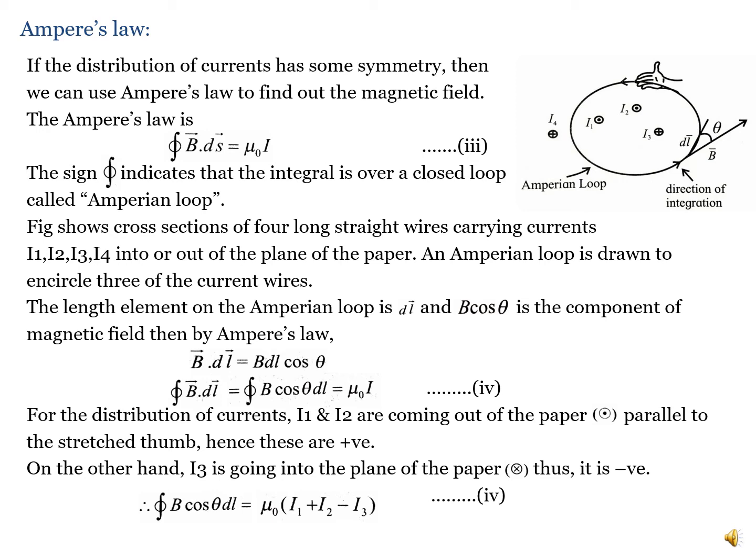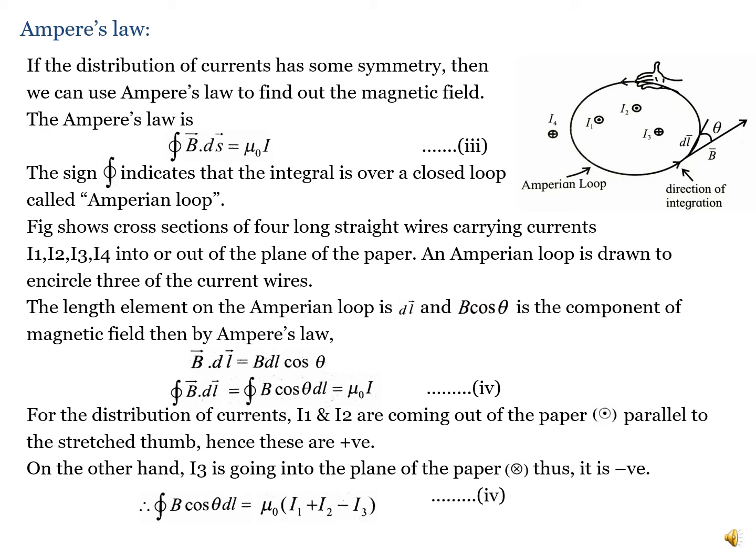Ampere's law can be derived from the Biot-Savart law. The mathematical form for Ampere's law is closed integral of B bar dot ds bar equal to mu 0 I. The closed integral sign indicates that the integral is to be evaluated over a closed loop, which is called the Amperian loop.